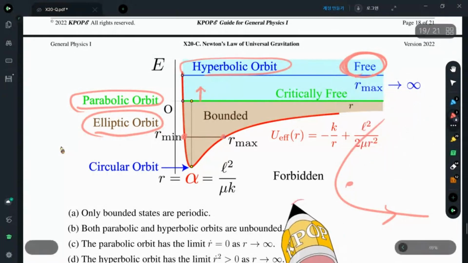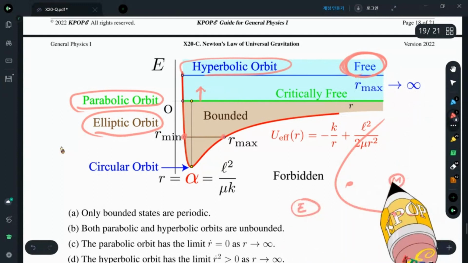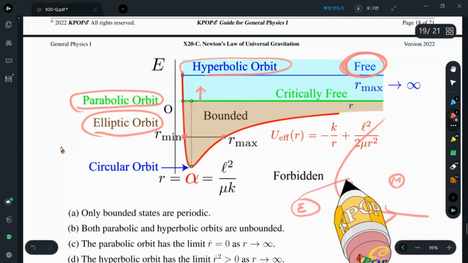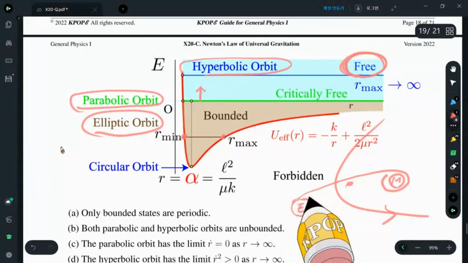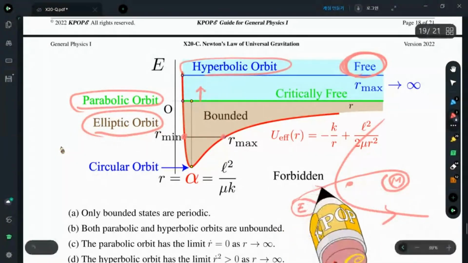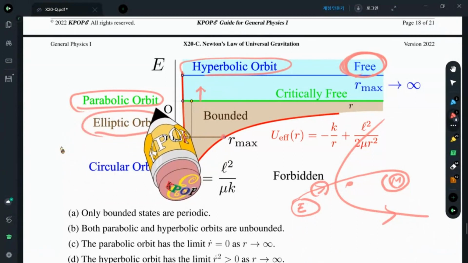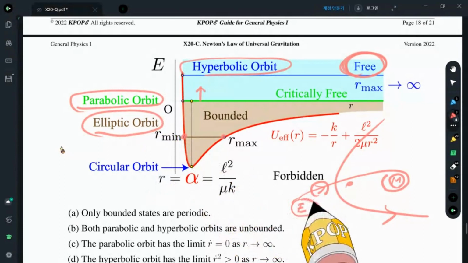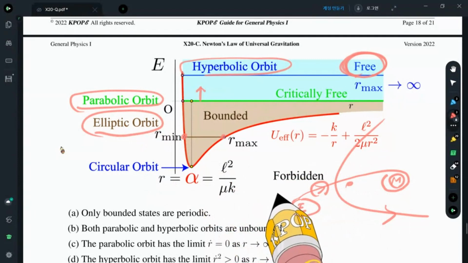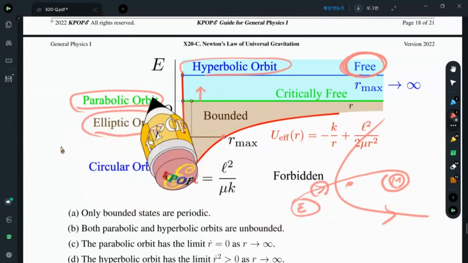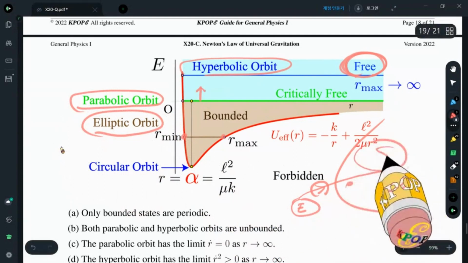For example, this is Earth, and we have the moon. We want to search for the moon, or we want to escape from the Earth orbit. In that case, the minimum energy required is a parabolic orbit. If I want to study the outside of the solar system, I need a parabolic orbit not for the Earth, but for the sun.